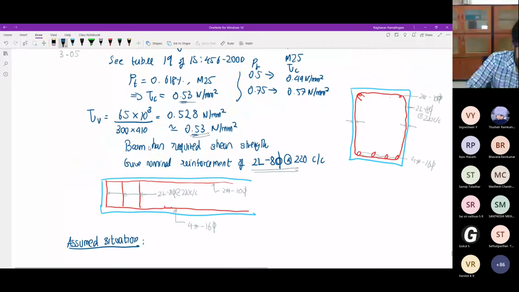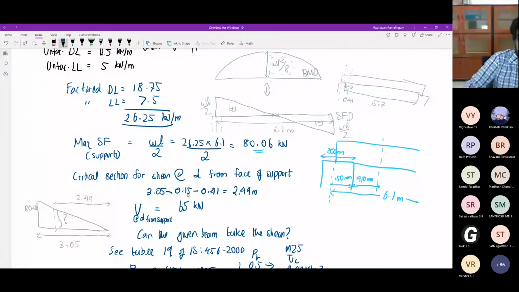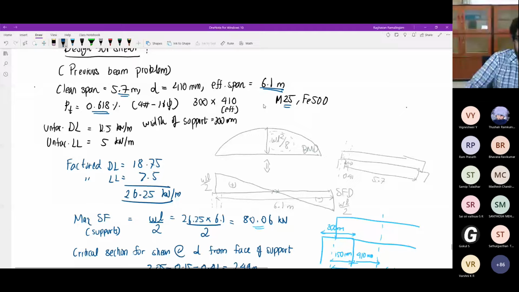Then my tau v would have become 100 into 10 power 3 by 300 into 410. How much tau v does it come to now?